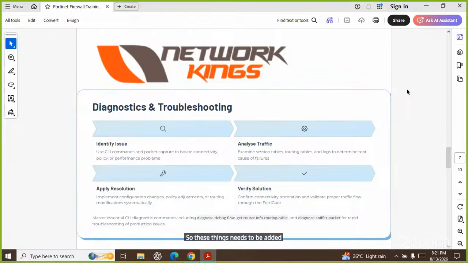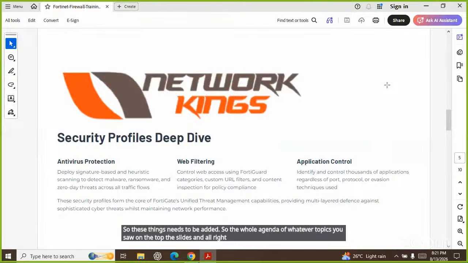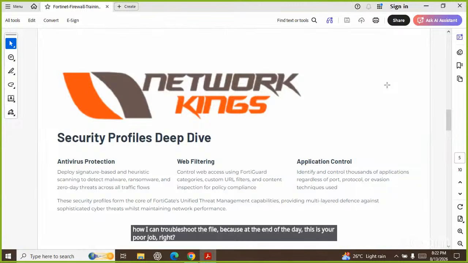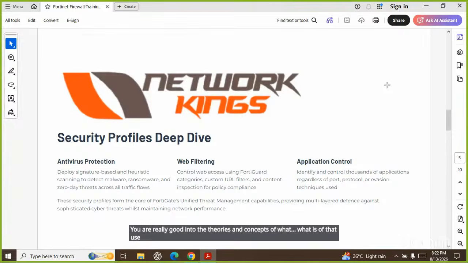So the whole agenda of the topics you saw on the slides will be focused on addressing one specific thing: how I can troubleshoot the firewall. Because at the end of the day, this is your core job, right? To fix the problem. You may be really good at theories and concepts, but what use is that if you cannot fix an issue, right?